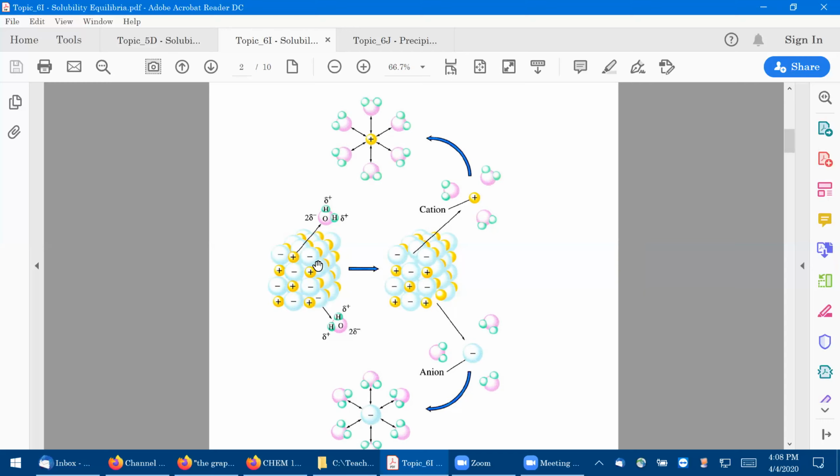And so as this process occurs, individual ions are pulled out one by one, and how fast it occurs depends on the temperature and what the solid is and so on. But the net result is that cations essentially wind up with a coordination sphere of water molecules around them, with the oxygen side of the water molecules sort of facing the cation. Similarly, for anions, it's the hydrogen side of the water molecules that face it.